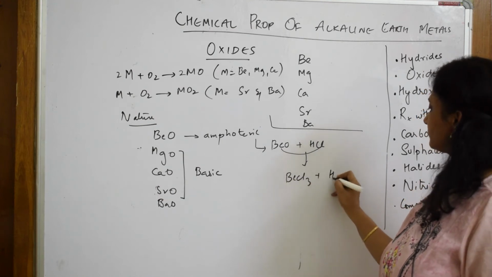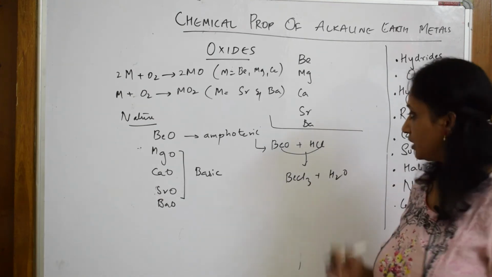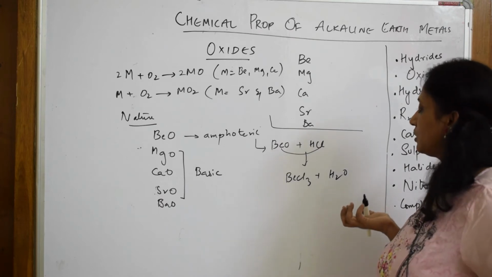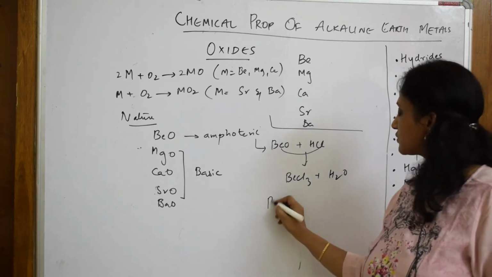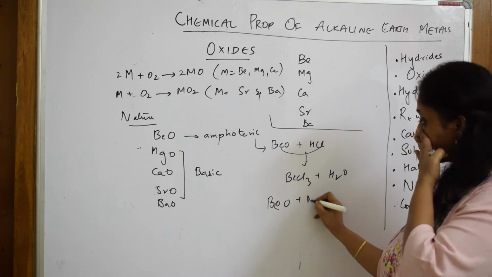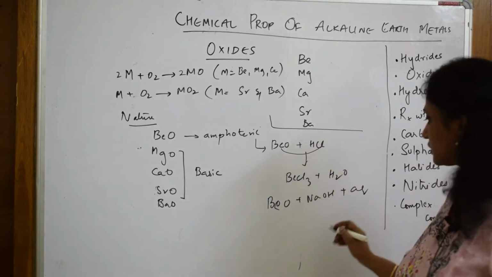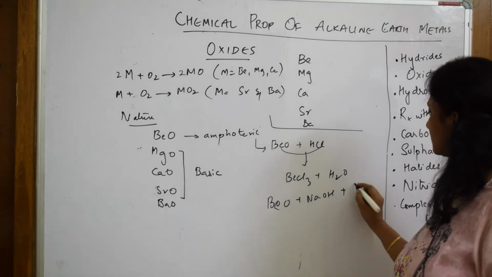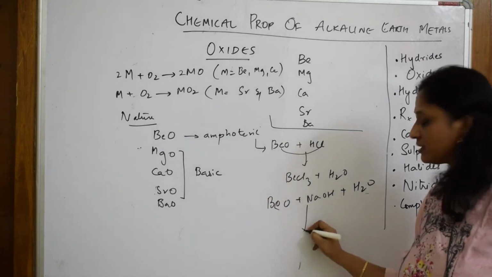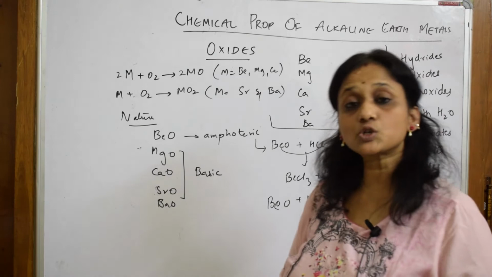BeCl2 plus water. Now the same thing, if I react beryllium oxide with a base, I take an aqueous solution of sodium hydroxide along with water. It forms a coordinate covalent complex.